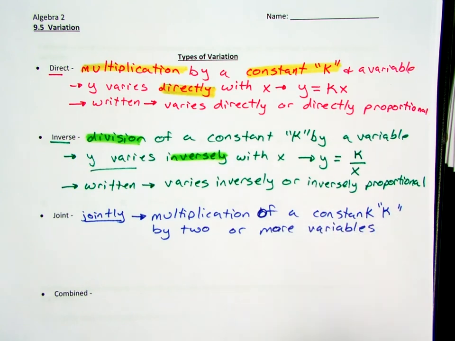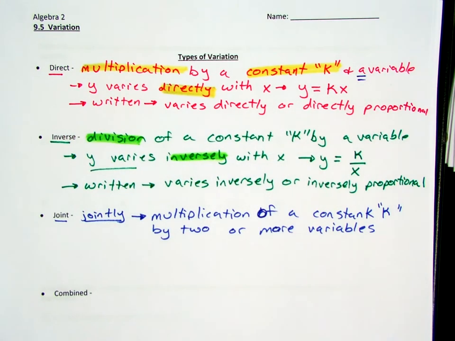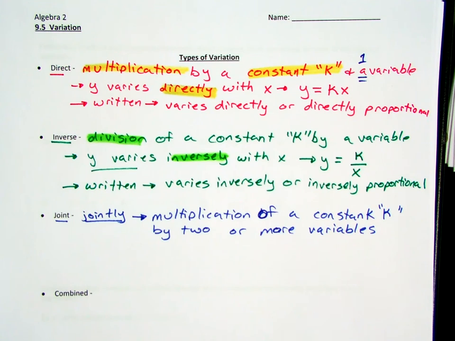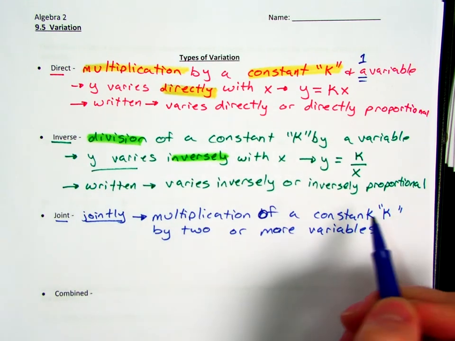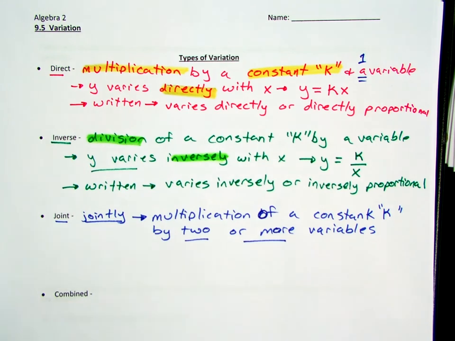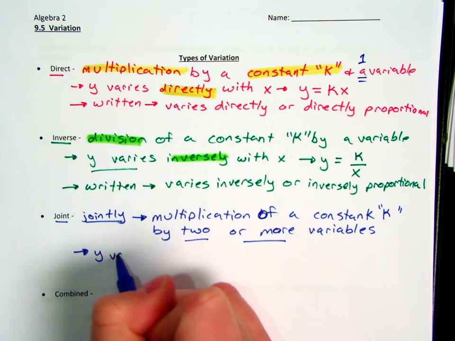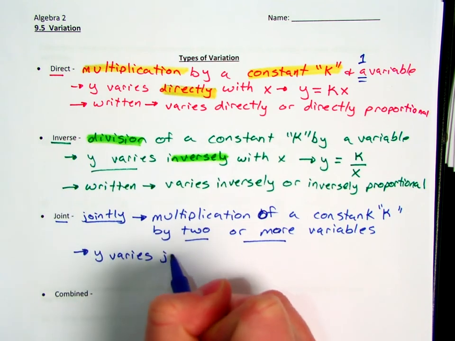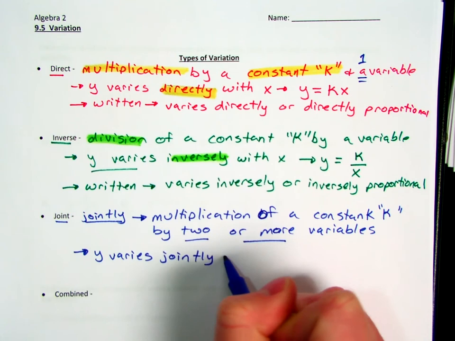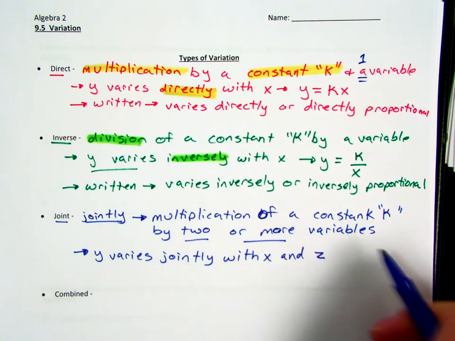Okay, so the difference between direct variation and joint variation is that direct variation will only be with one variable, whereas joint variation will be 2 or more. So it's still multiplication like the other one was, but now it'll be 2 or more. So an example of something like that would be y varies jointly with x and z.